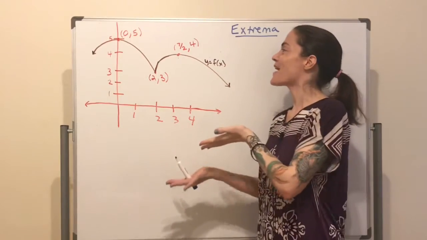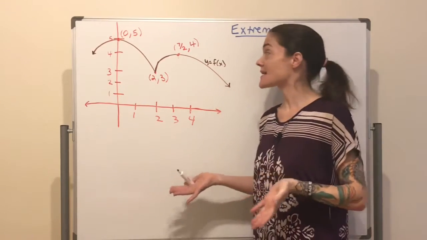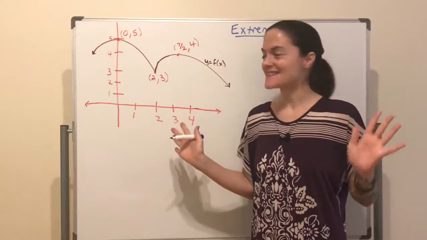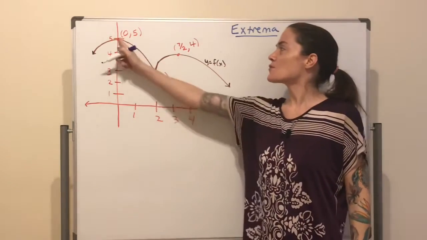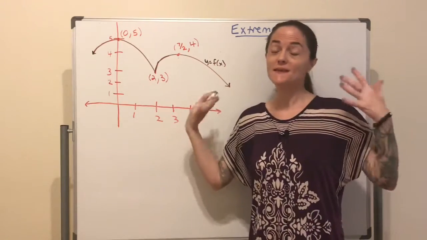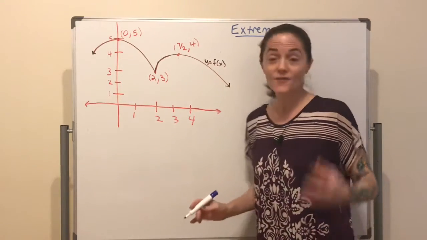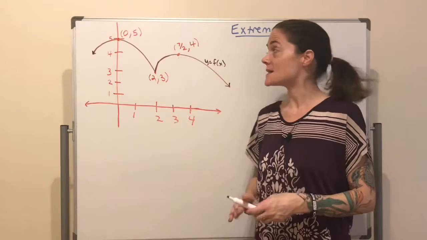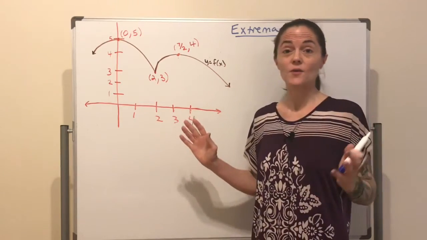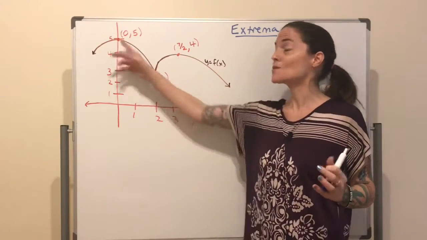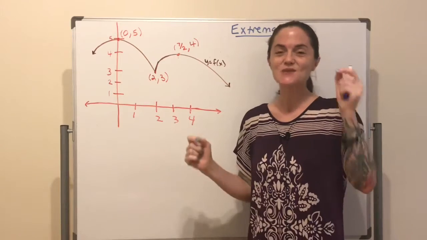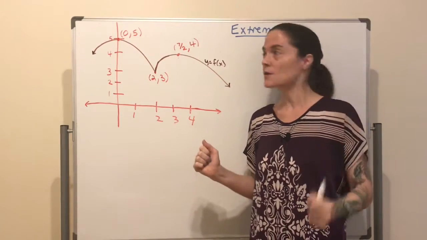Here I have graphed a function, f of x. This is continuous, we can see. And I have 1, 2, 3 points marked as sort of special points on this graph. The first thing you will notice is the highest y value attained by this function is y equals 5, and this is one type of extreme value.